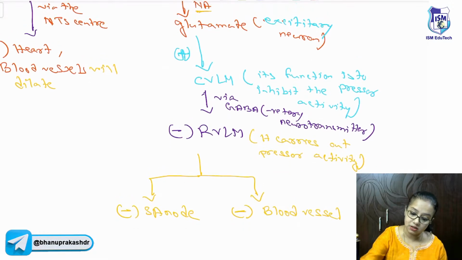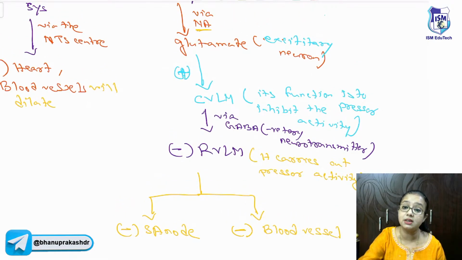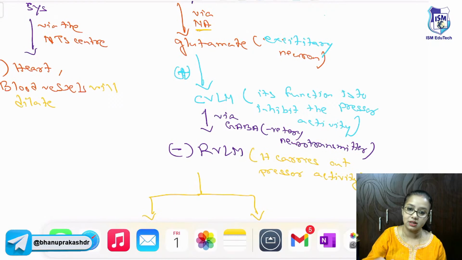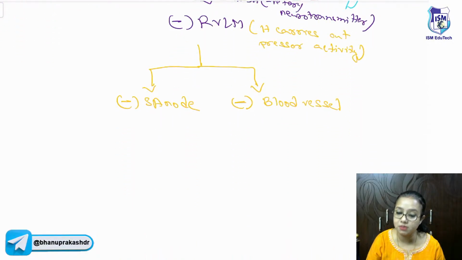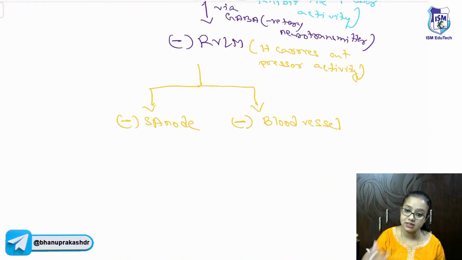Now, this caudal ventrolateral medulla will secrete GABA, inhibitory neurotransmitter. Now, GABA will make the rostral ventrolateral medulla quiet. Rostral ventrolateral quiet means, it is the area for increasing the cardiac function, like the contractility, the constriction of the blood vessel, the SA node, all these things will function more if the rostral part is stimulated.